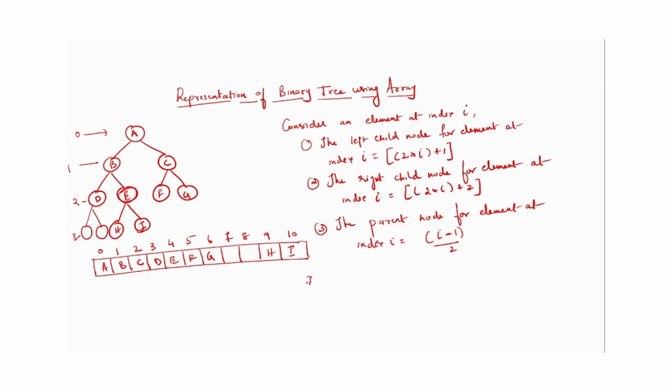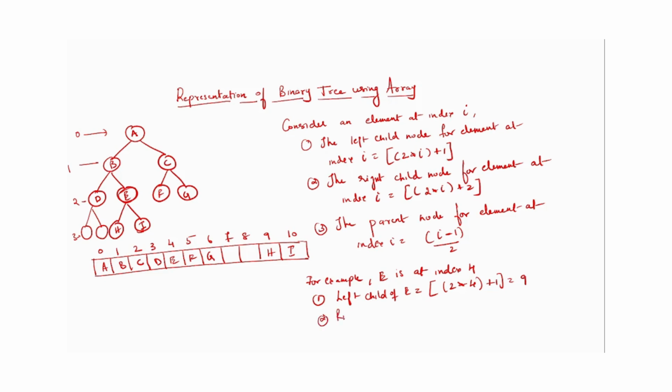First, what is the left child of E? Left child of E is equal to, let's use the formula here, 2 into i plus 1. E is at index 4, so 2 into 4 plus 1, that is 9.